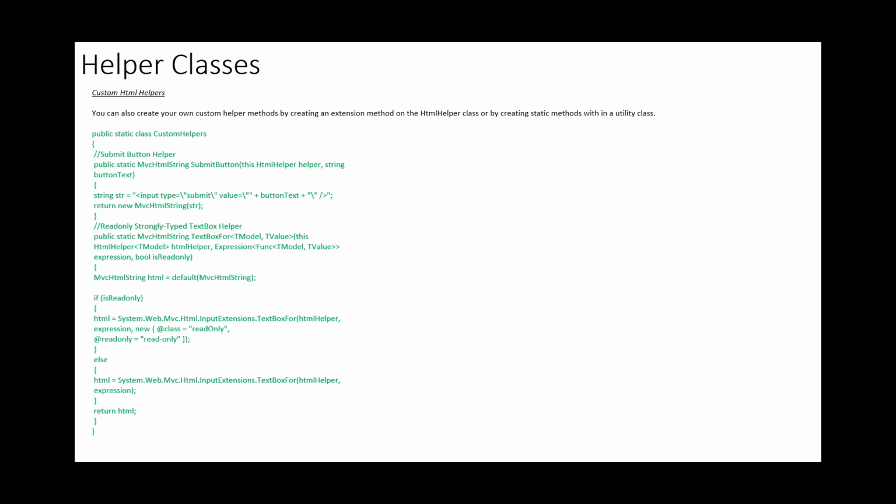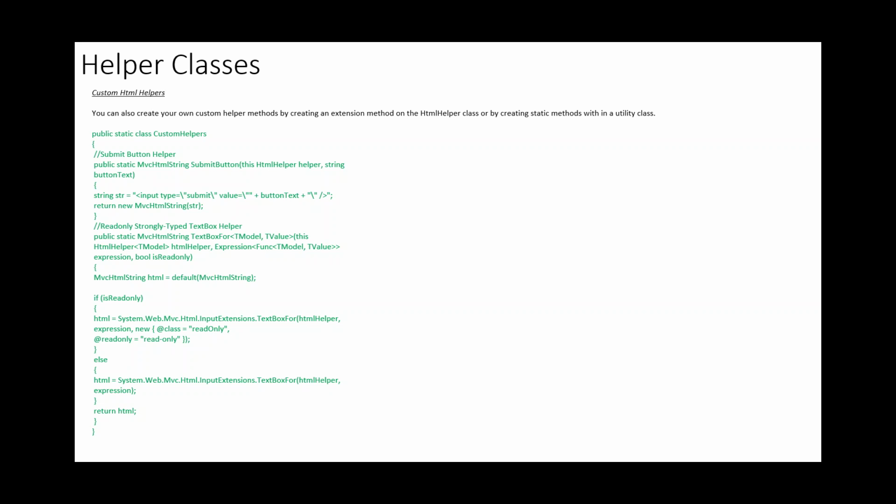If you want to declare your custom control, you can write a static class with custom helpers, and inside that you can write whatever methods you need and return some HTML. That is your custom helper.